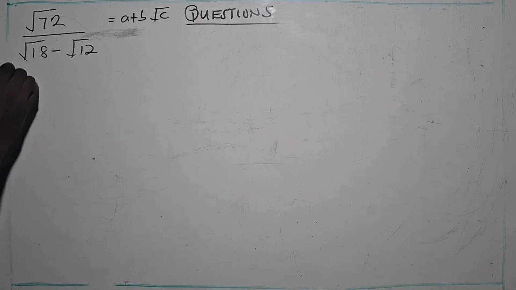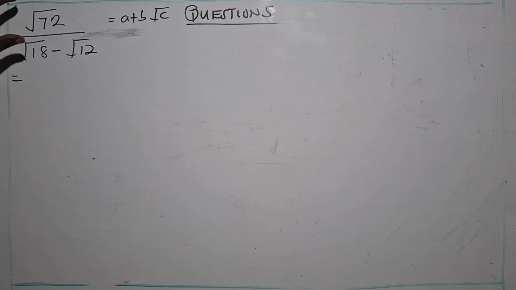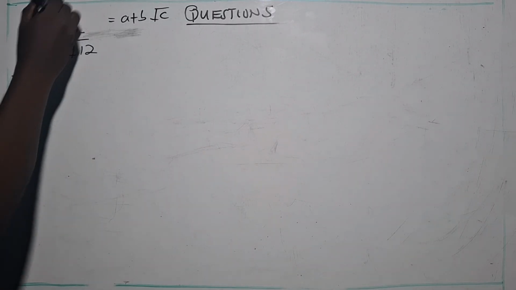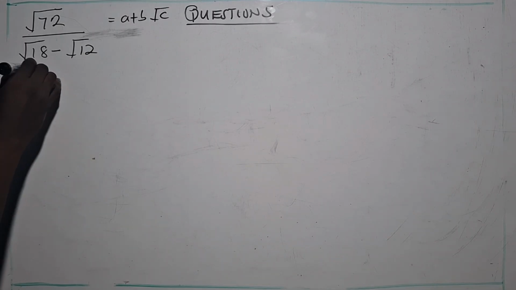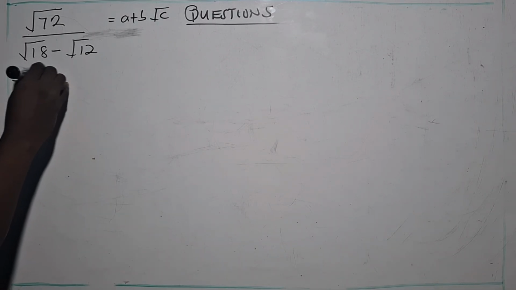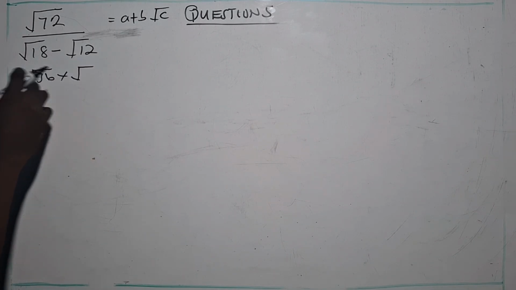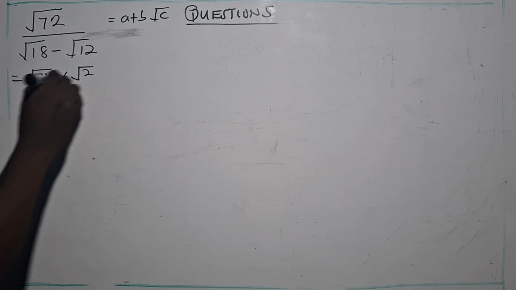And I've told you to simplify surds like this. You have to find two numbers that when you multiply, you get 72, but one of them is a perfect square. So here my two numbers are going to be root 36 times root 2.